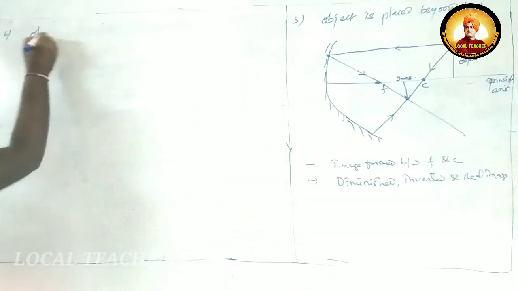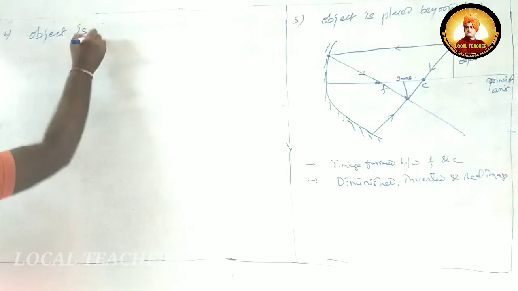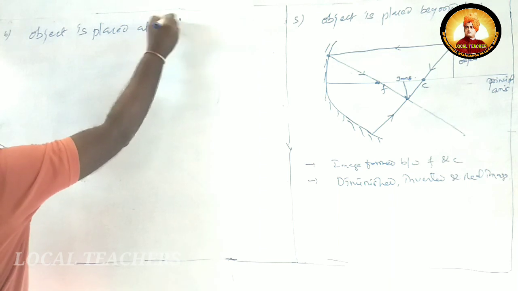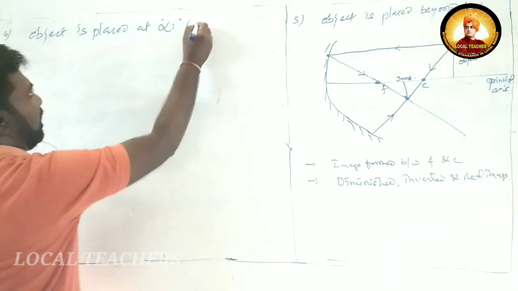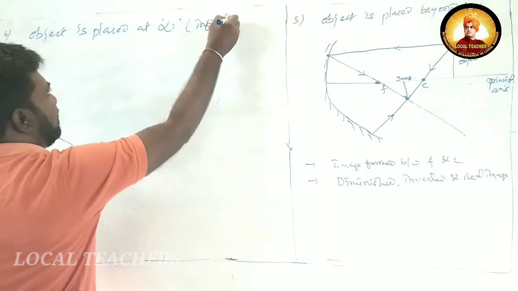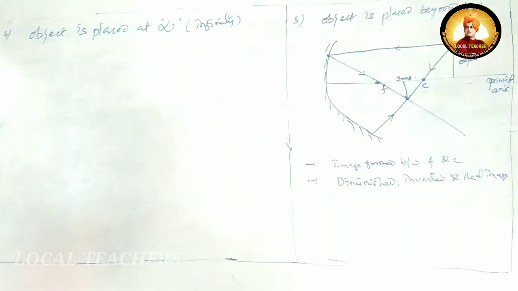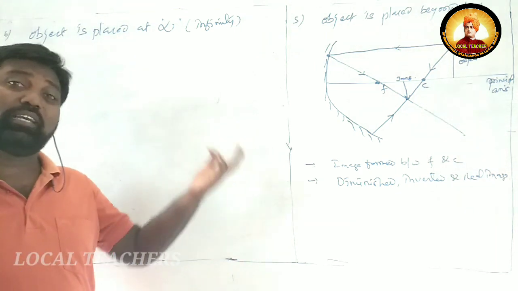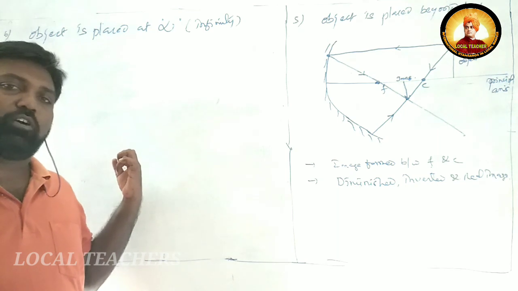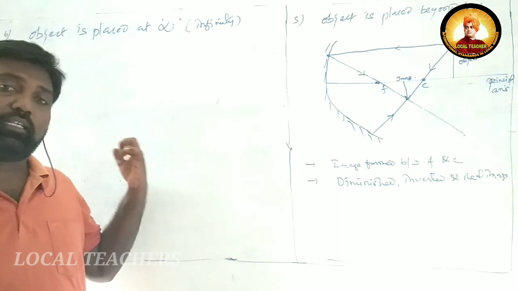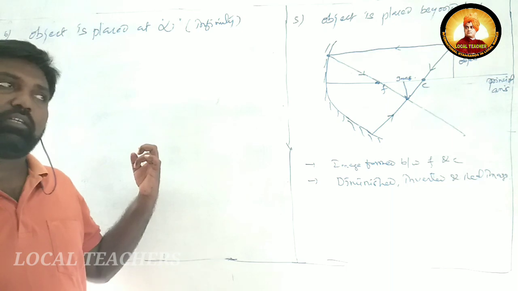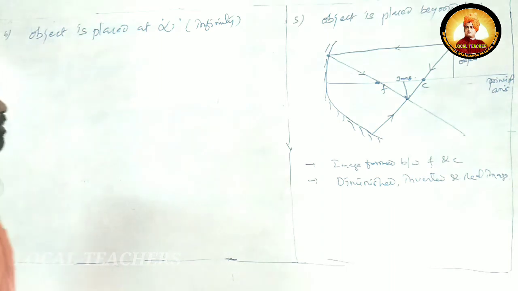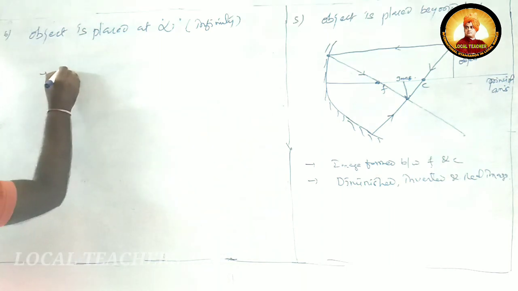Here the object is placed at infinity. If the object is placed at infinity, its image is formed at the focus point. In activity 2 we already discussed that. So your object is kept at infinity, so the image is formed at focus.